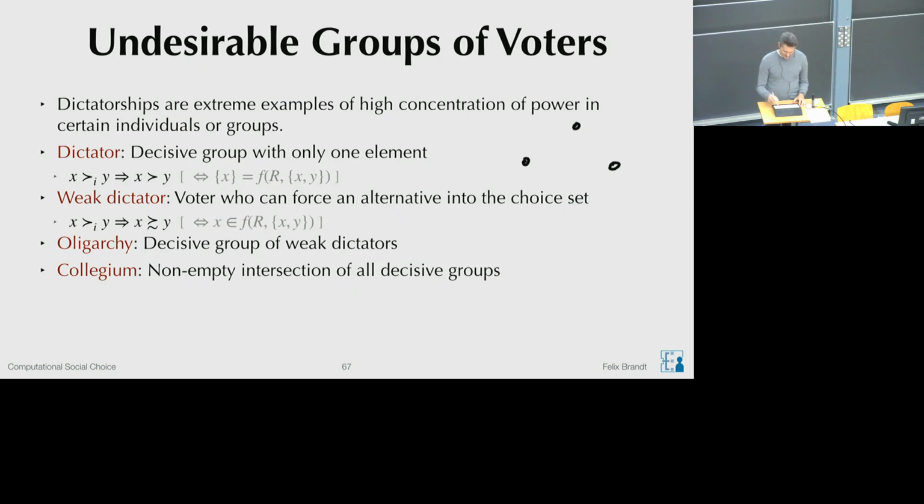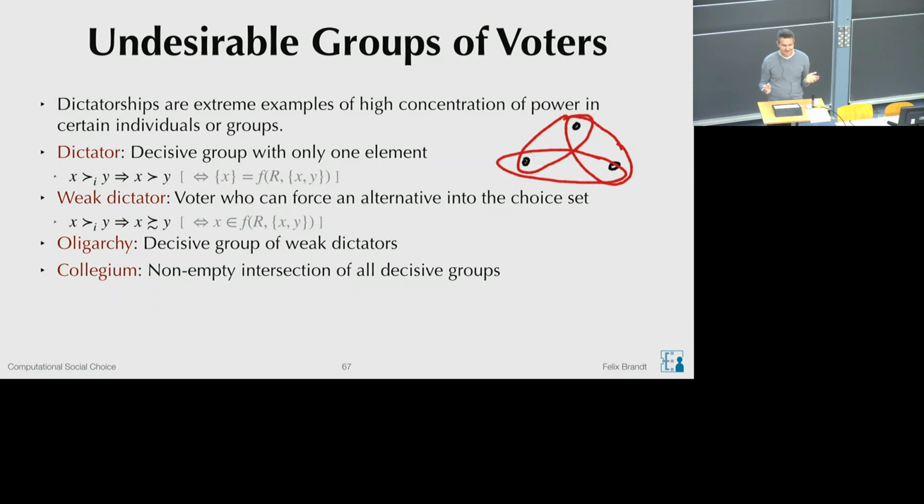These little dots here are voters, and we want to draw the decisive sets of voters. If we had majority rule, for instance, for two alternatives and these three voters, then this would be a decisive set, this would be a decisive set, this would be a decisive set, and then everything was also a decisive set. But here you can see that there are many decisive sets, but the intersection of all of these decisive sets is empty.